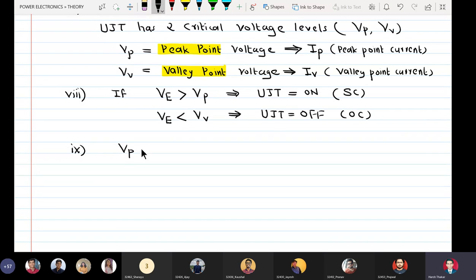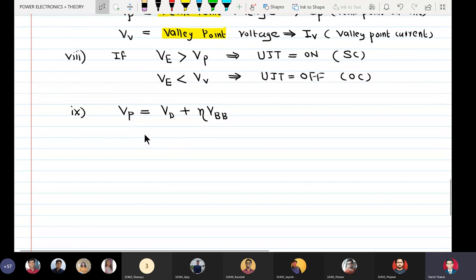The peak point voltage Vp is given as Vd added to eta of VBB, where Vd is the cut-in voltage, because if we carefully see the planar construction of a UJT, there is a diode which is formed between the two bases and the emitter. That is why we have the cut-in voltage which is equal to 0.7 volts.